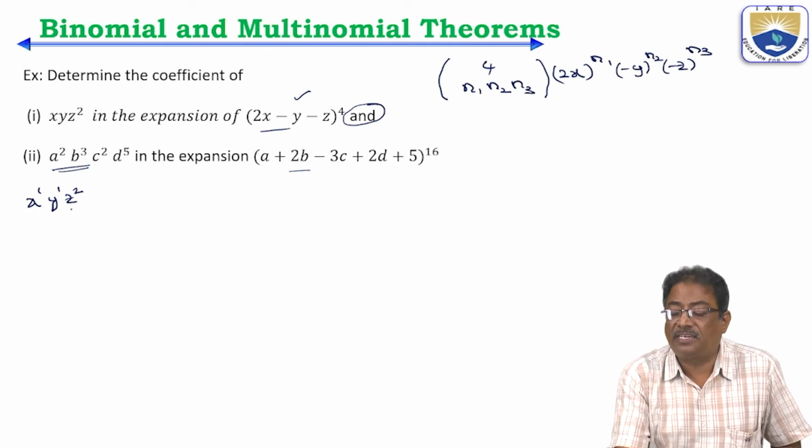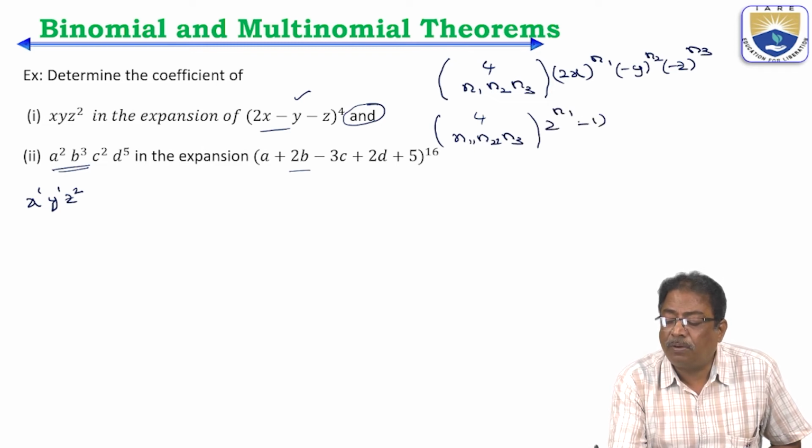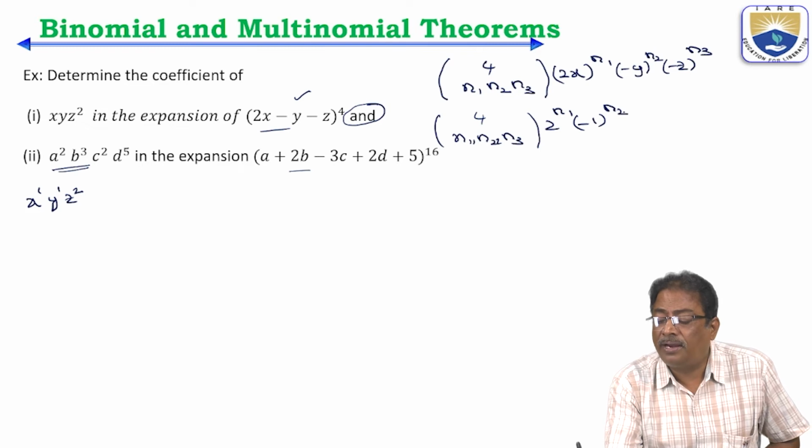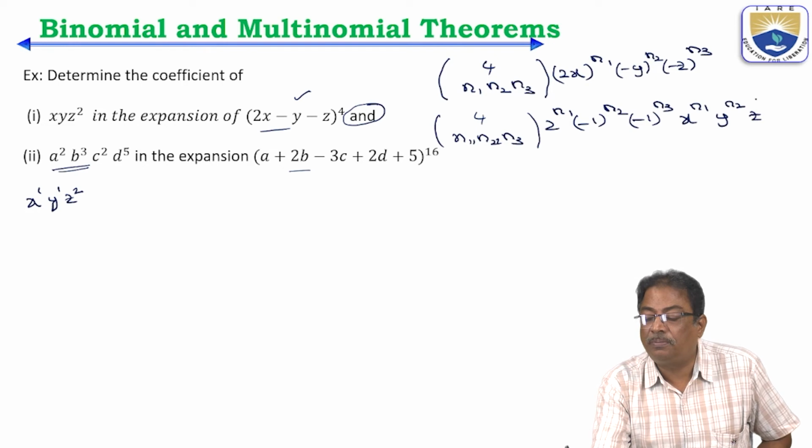I am just concentrating on the powers, or else we can rewrite this into another form: n factorial by n1 factorial, n2 factorial, n3 factorial, then 2 to the power of n1, minus 1 to the power of n2, and minus 1 to the power of n3. Then let us focus on the variables, x to the power of n1, y to the power of n2, z to the power of n3.